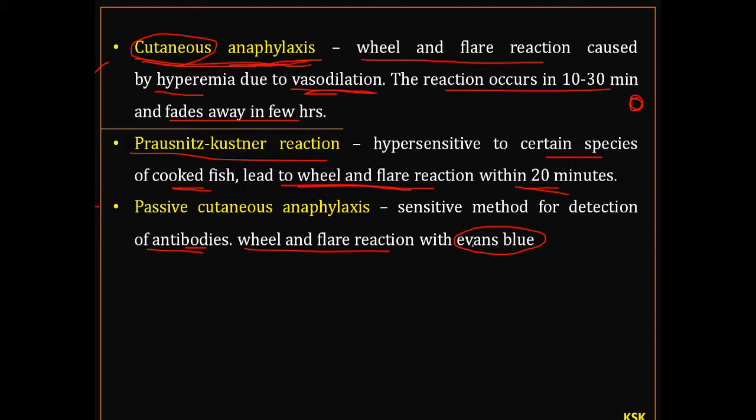The reaction is again a wheel and flare reaction on the skin, but it can be seen clearly because the antibodies are given with Evans blue, so the reaction looks slightly blue colored. Therefore we can detect the antibodies.